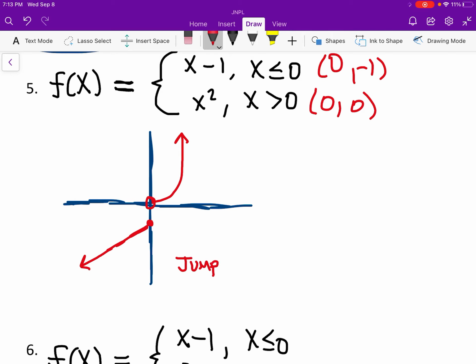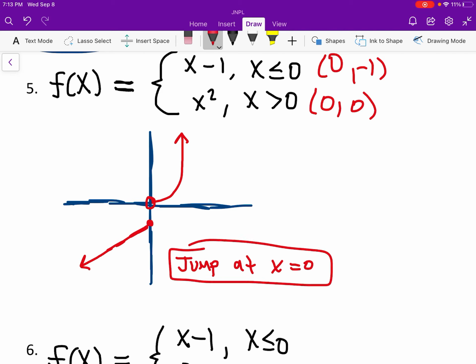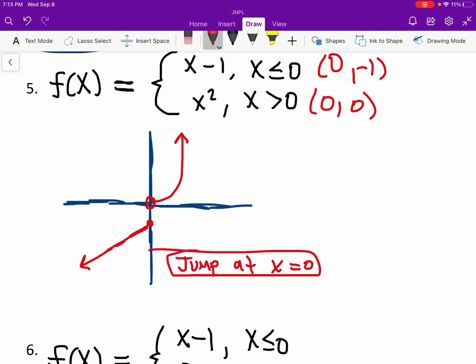So a jump at x equals 0. That is how you find a jump discontinuity: you know it has one if there are two values in the same place like that. If this happened to be way over here, then we wouldn't have a jump discontinuity.